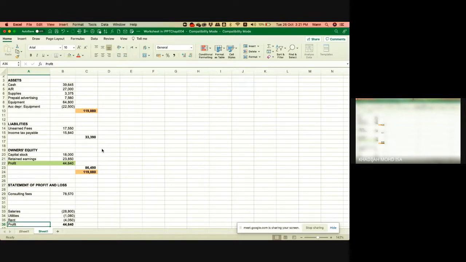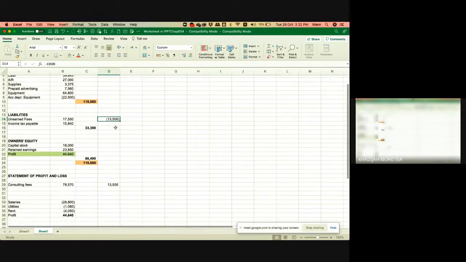So what you have to do is that now my unearned fees are reduced by 13,500. But now I have a revenue increase of 13,500. So that's why I want you to see how the adjustment is reflected in your account. Initially you have unearned revenue of 70,500, but now you recognize the revenue amounting to 13,500. So initially it was unearned, but now it's earned. So you reduce your liability. Now you recognize your revenue.